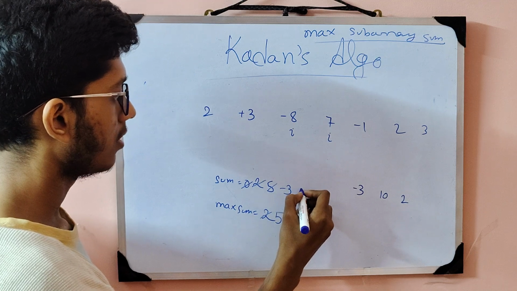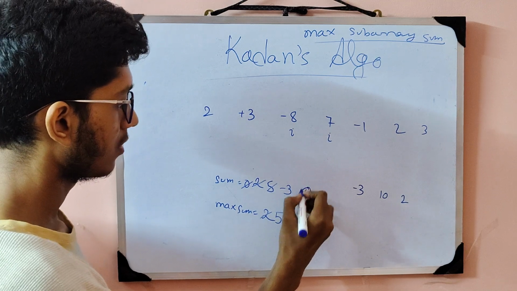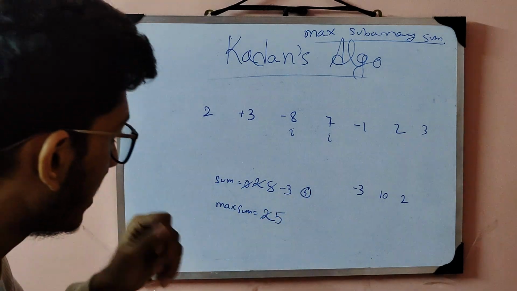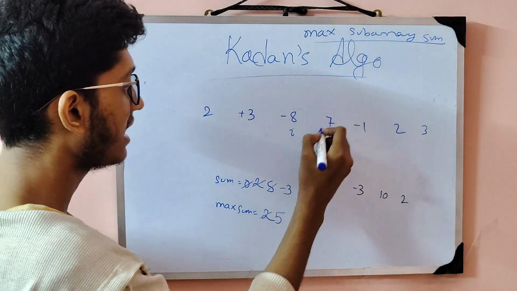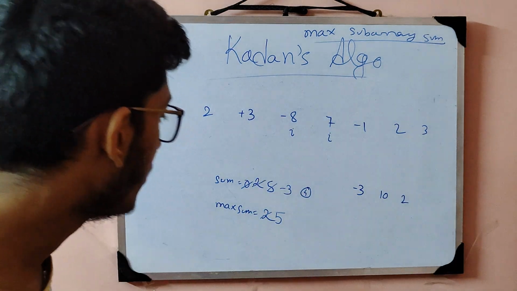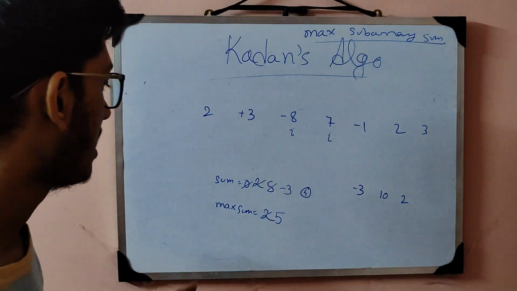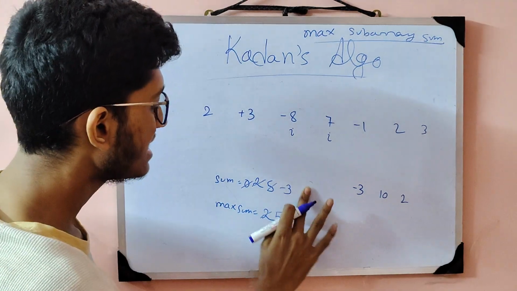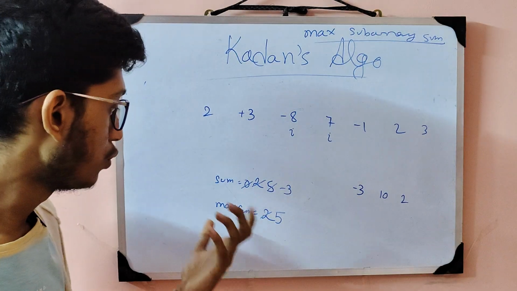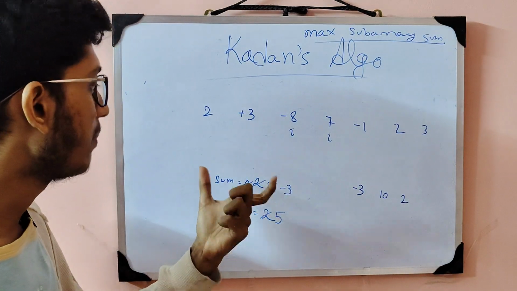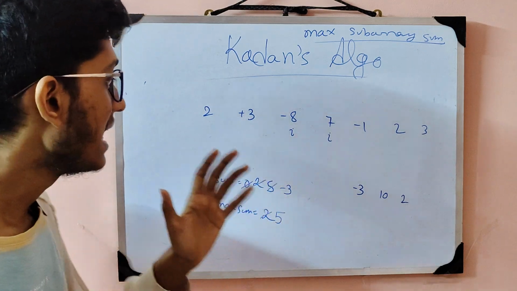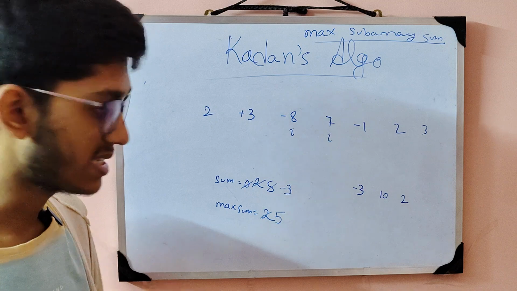It will be 4, right? But here you can see that if I have taken only 7, then my sum will be larger. So it is not of any use to take some negative part as sum, because it will eventually reduce my sum.